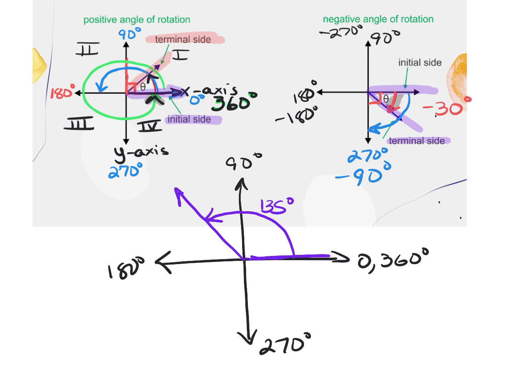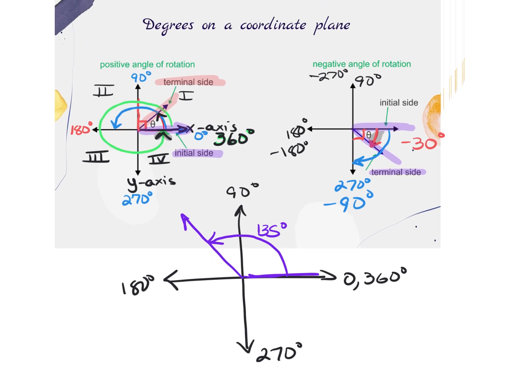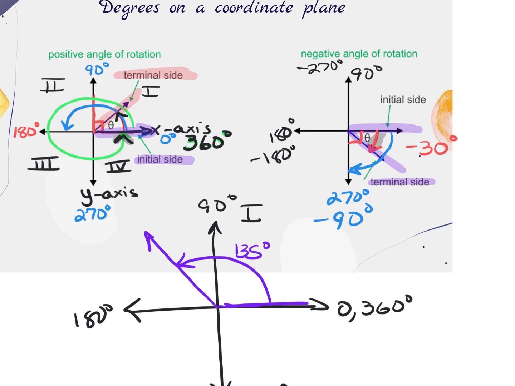Now, one other thing to be aware of is in quadrant 1, the angle measures are going to be between 1 and 89 degrees. In quadrant 2, the angles are going to be from 91 to 179.